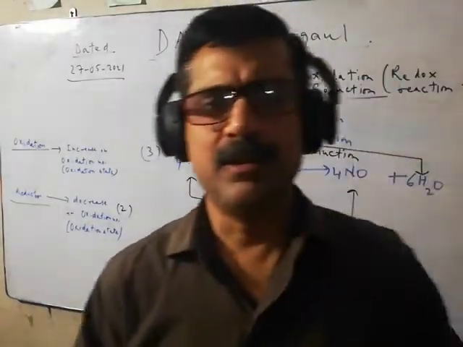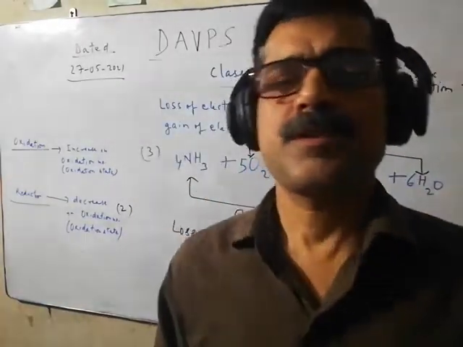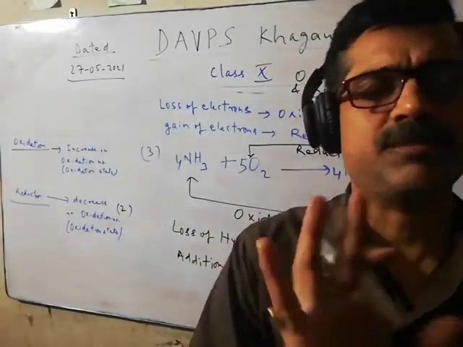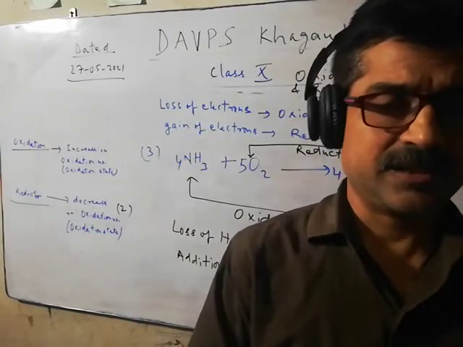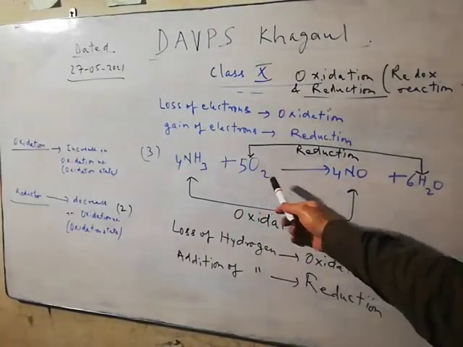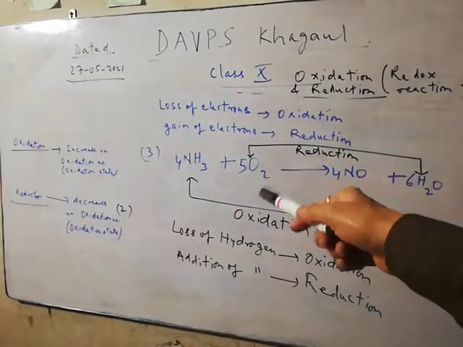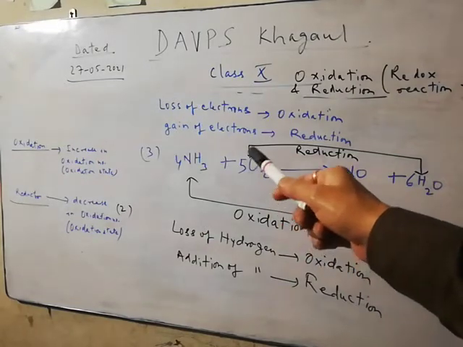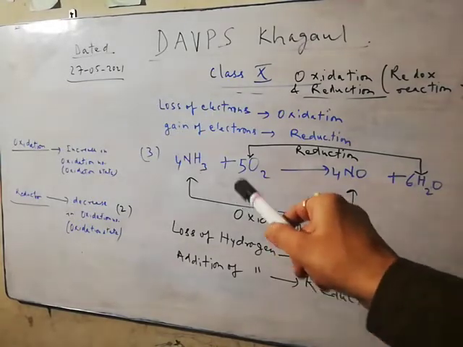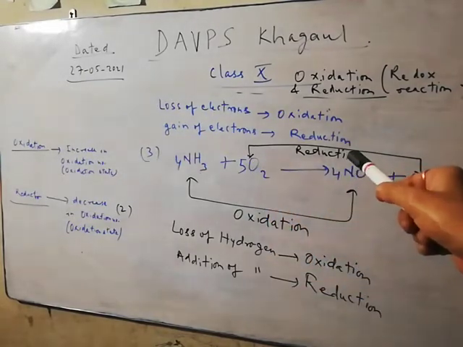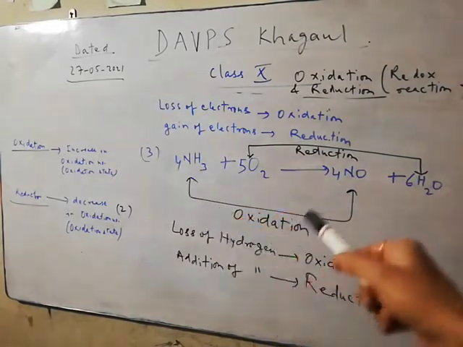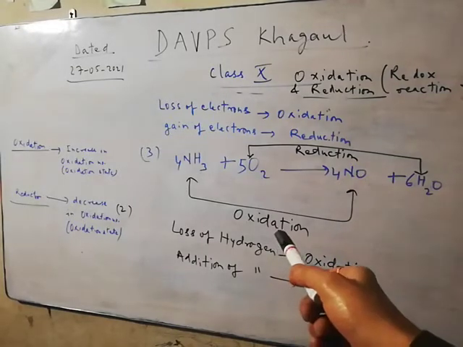Are all of you getting these ideas? Because this point, gain of hydrogen and loss of hydrogen, is also important in oxidation and reduction. Oxygen, O2, is gaining hydrogen to become water. Gain of hydrogen is reduction. Here, loss of hydrogen is taking place, so that is oxidation.